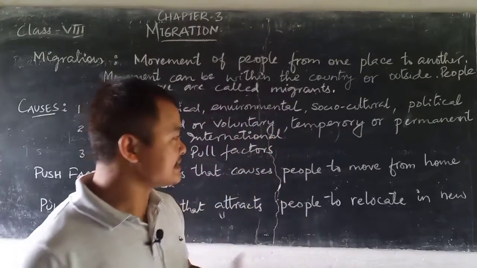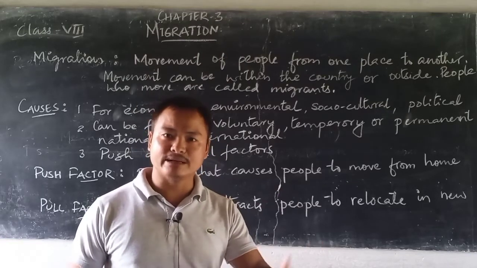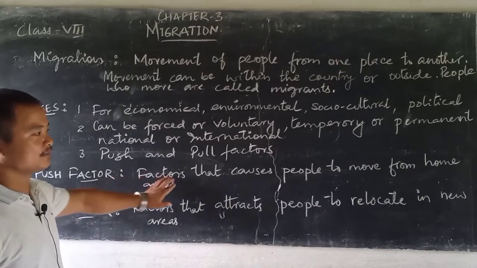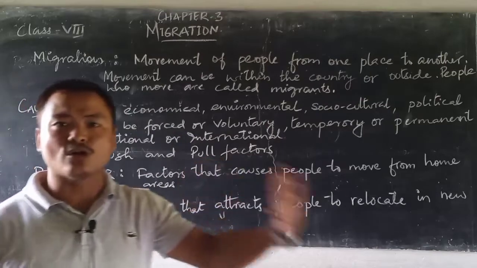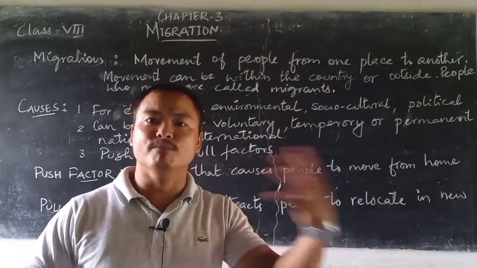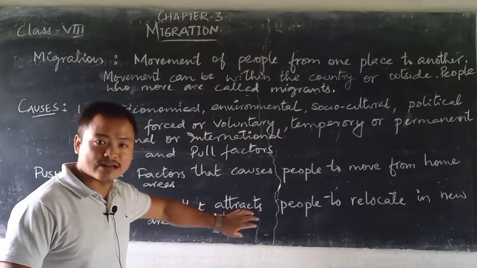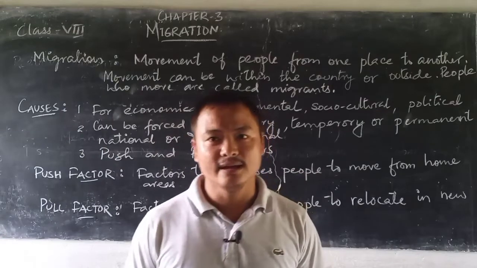So what happens? 10,000 may not be sufficient for you to live your life or have a better standard of living. So that becomes a push factor because your standard of life is not very good. But other places are offering very good opportunities in earning. So you earn more there. So that more earning becomes a pull factor and you get attracted to that place where more earnings can be made. So you start moving to that particular place.